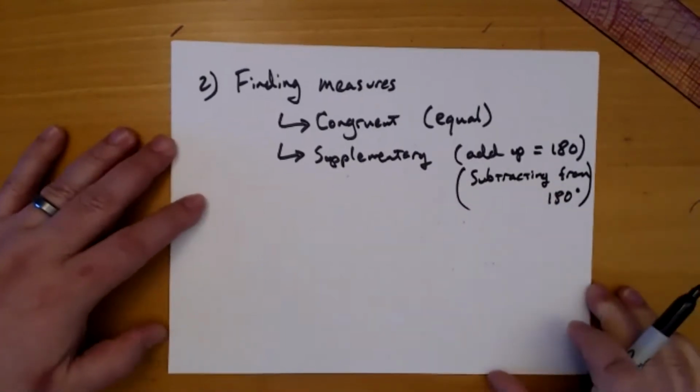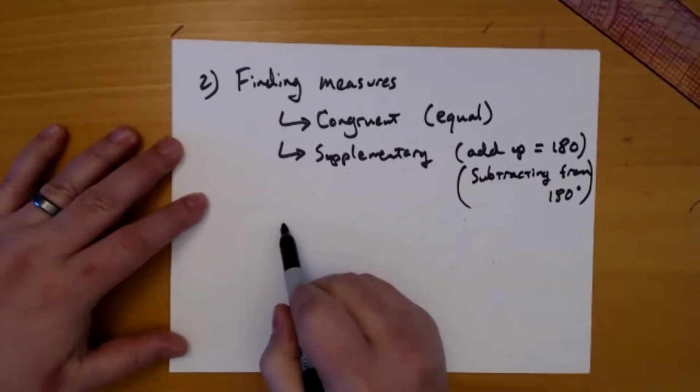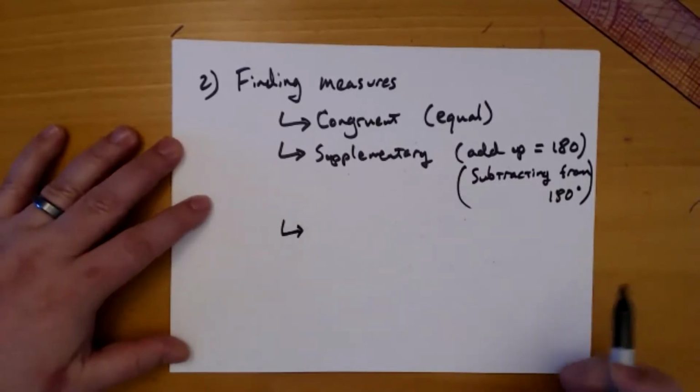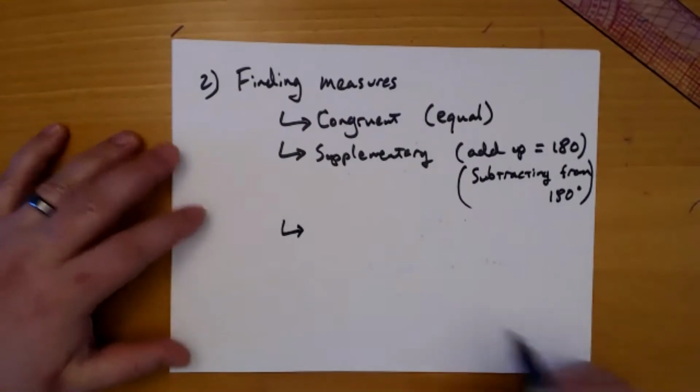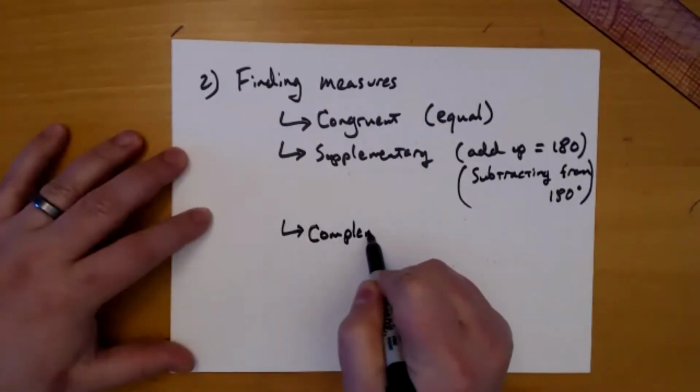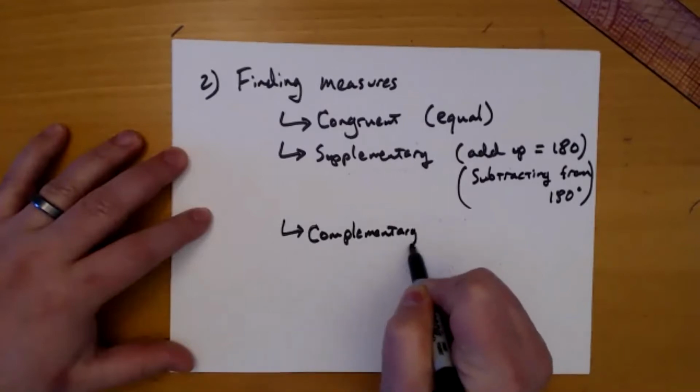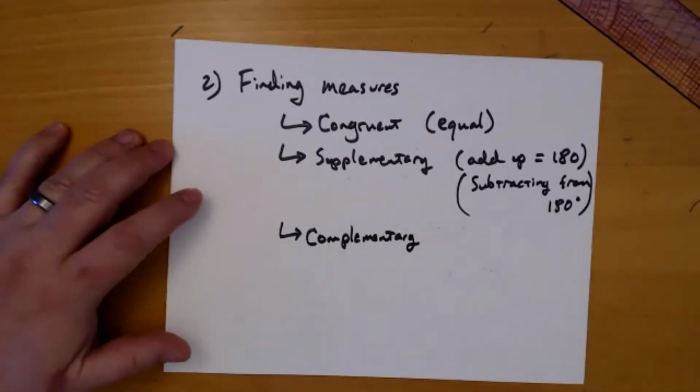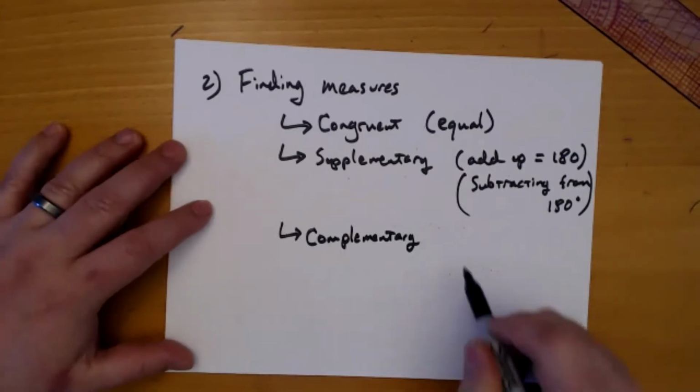And then finally, the third, which doesn't pop up too often because there's only one example of it, is complementary angles. Those you subtract from 90.